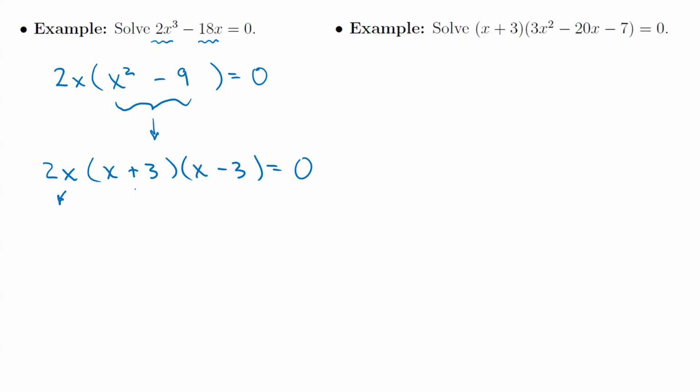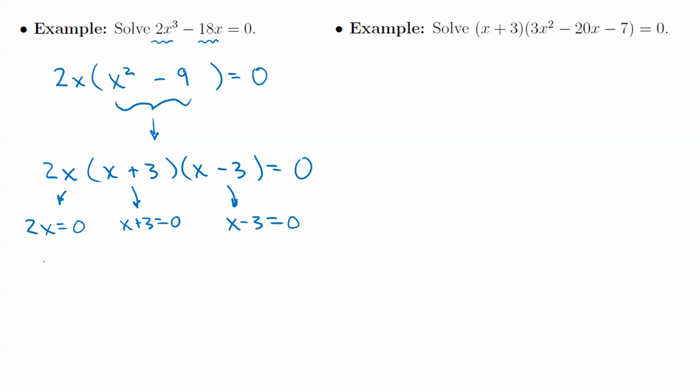So remember, the key is we set any factor that has a variable in it to 0. So not only will we say x plus 3 equals 0, x minus 3 equals 0, but also 2x equals 0.